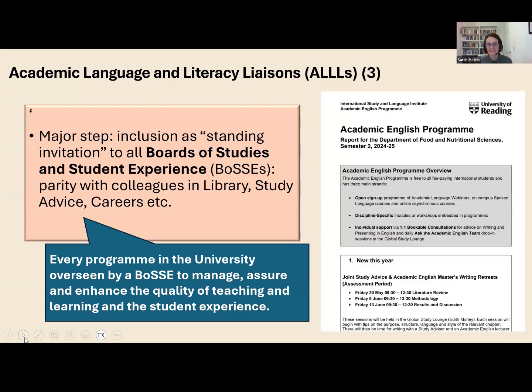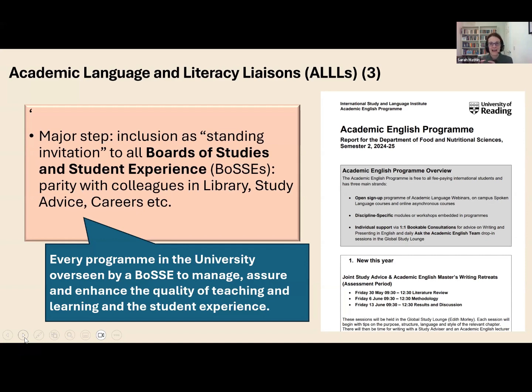Because we get invited to these boards of studies, we can send papers, we see all the other papers. It's given us a huge insight into the workings of the departments that we're trying to collaborate with. And it's given us parity with colleagues in the library, study advice, careers. It's also enabled us as a sideline to build relationships with those colleagues as well.